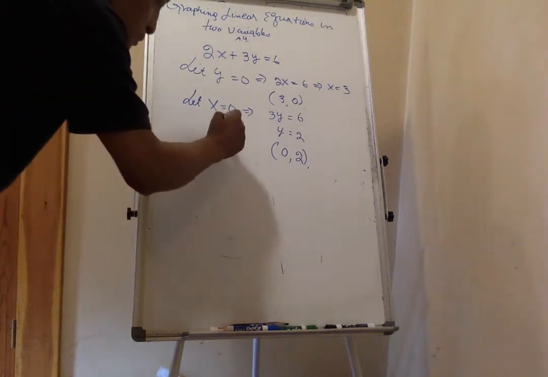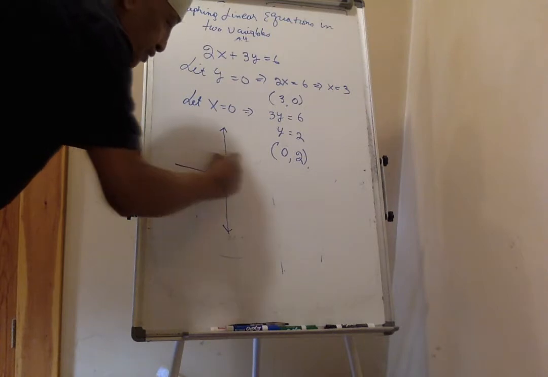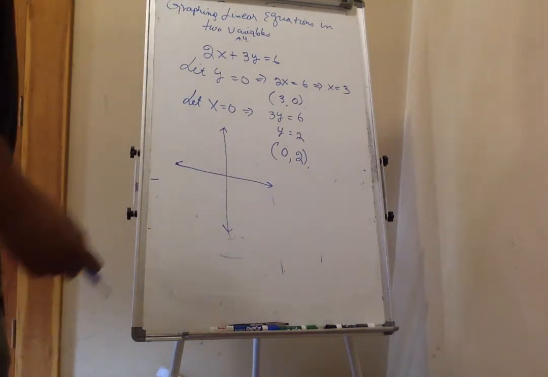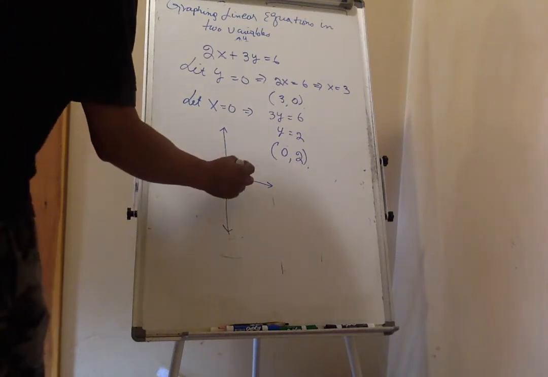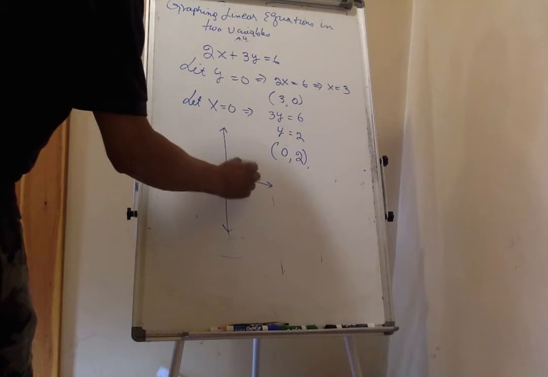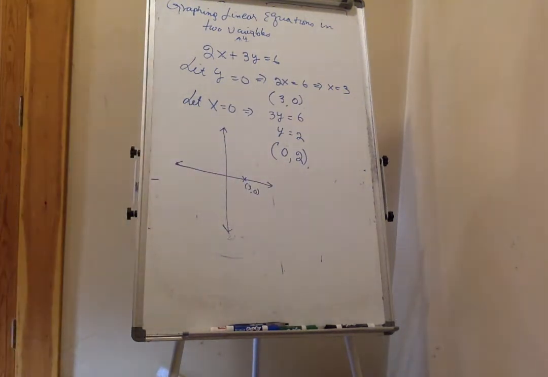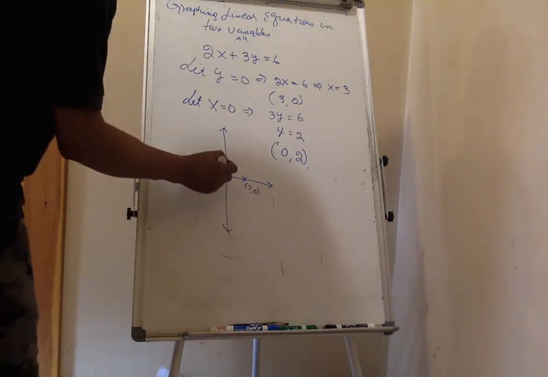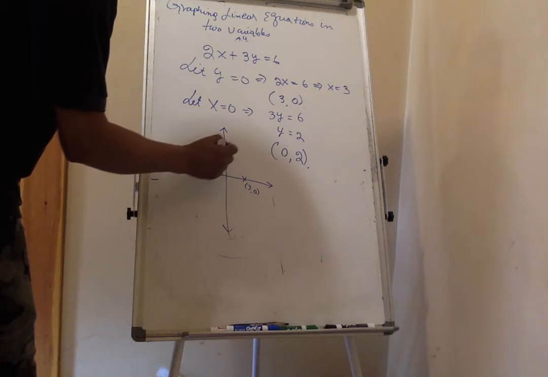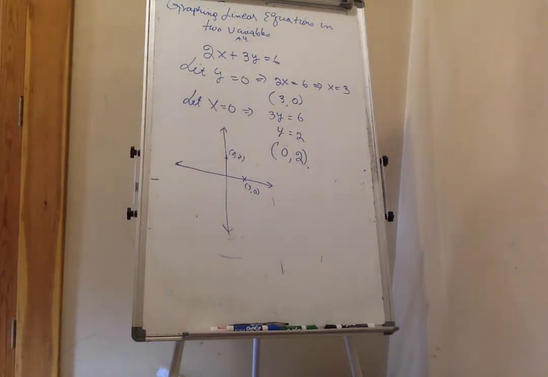Now let's draw a sketch and see what this graph looks like. When x is 3, y is 0, x is positive, so let's plot it here, (3, 0). And (0, 2) means the value of y is positive, it is on the y-axis. So this is your (0, 2).